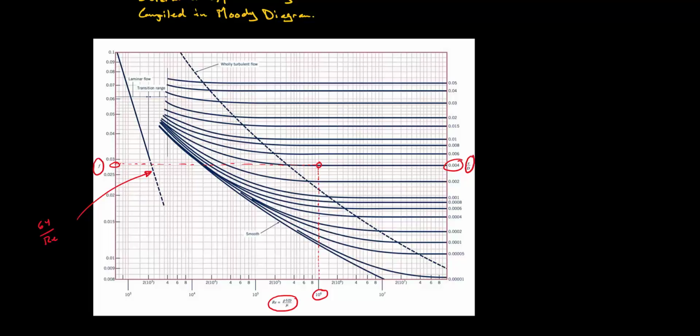Given the fact that we were able to carry out the control volume analysis for a laminar flow, we know the form of the friction factor for a laminar flow being 64 over the Reynolds number. For a turbulent flow, we still assume this same form for the non-dimensional pressure drop being equal to a friction factor multiplied by L over D, but now in this case, this friction factor having to be determined using a Moody diagram shown here.